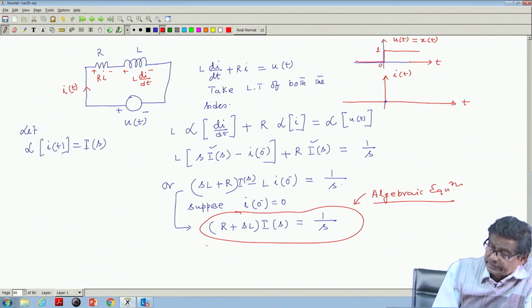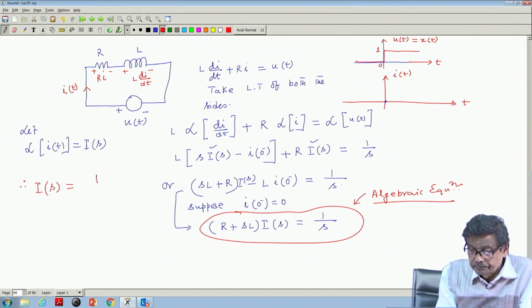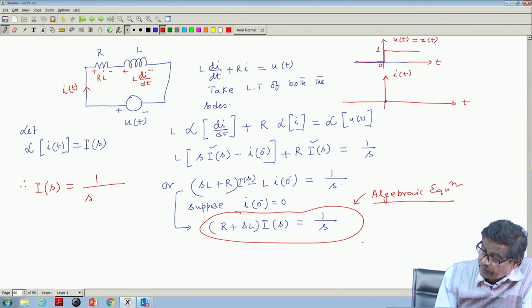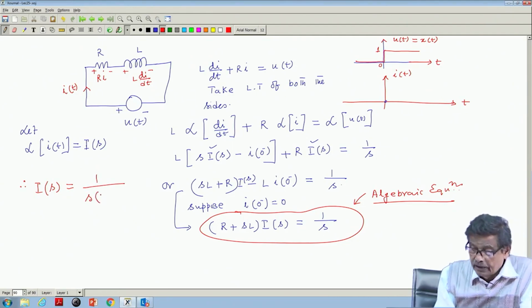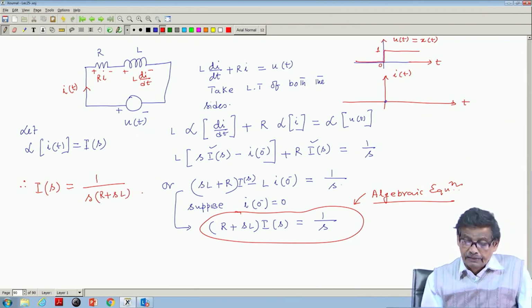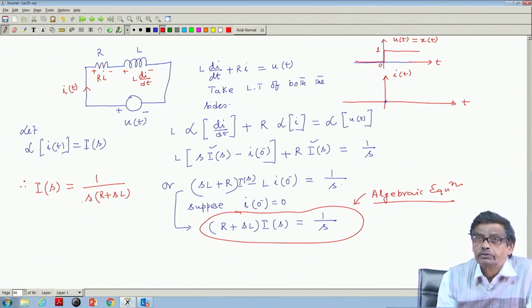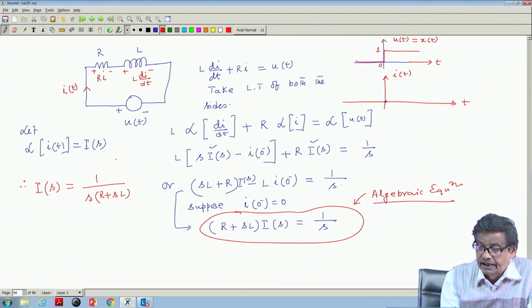So, what next I will do is this, therefore, I will write I(s) is nothing but 1 over s, this thing will come down here, R plus sL, is not? That will be the thing. Then of course, my goal is to find out i(t). What is i(t)?